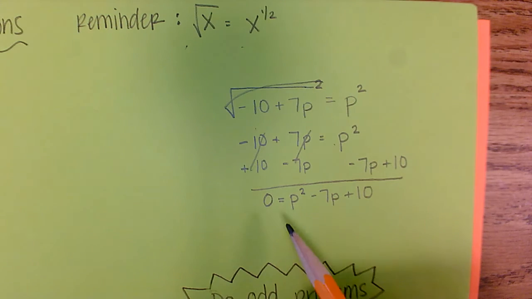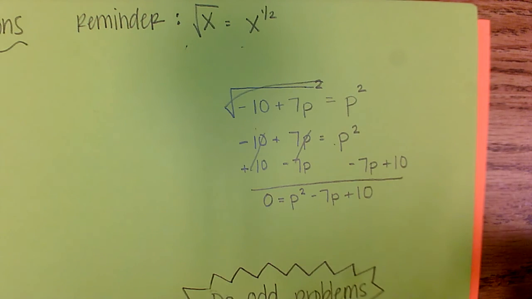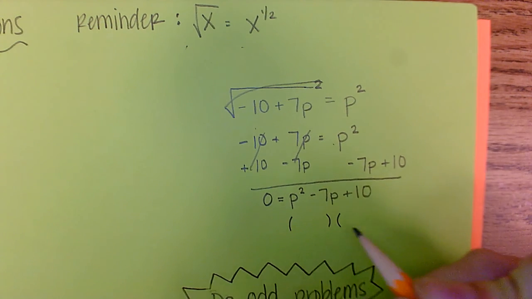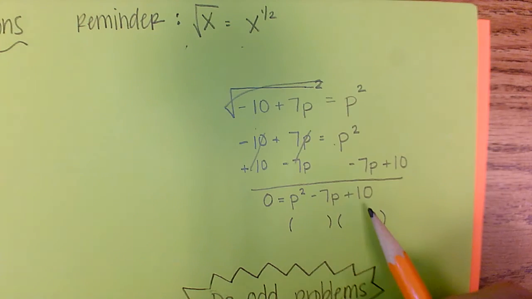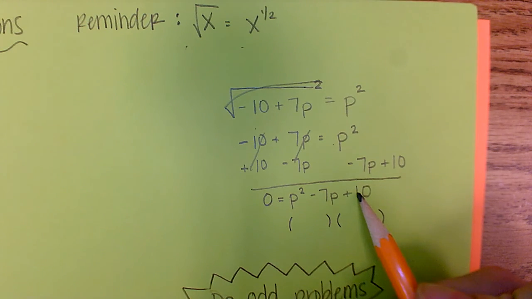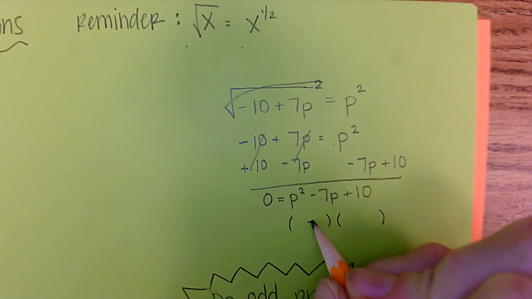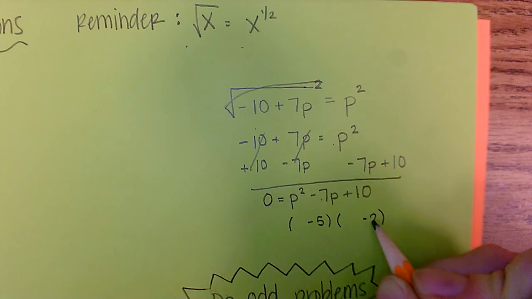Remember, when you have a quadratic, you want it set equal to 0. Then you can factor, complete the square, or quadratic formula. This is a very factorable problem. So what multiplies to make 10 and has a sum of negative 7? Negative 5 and negative 2.